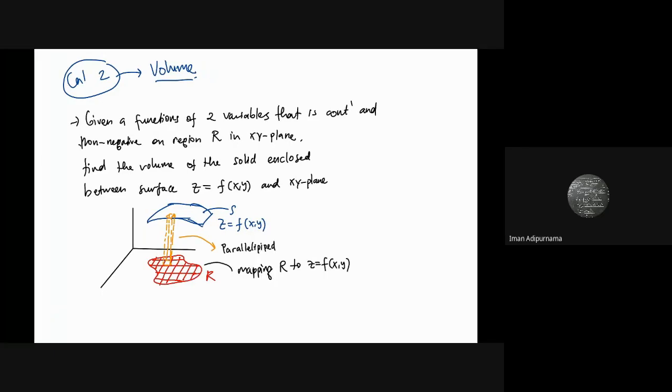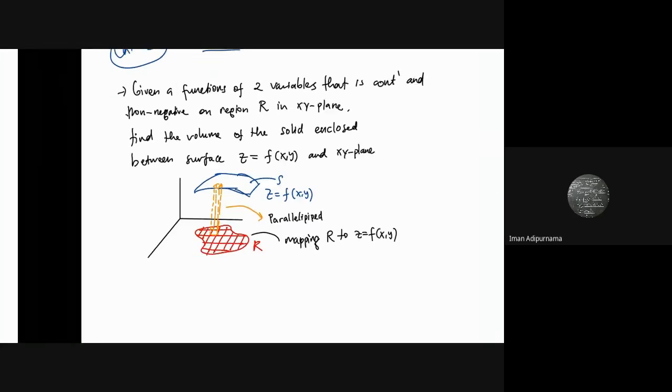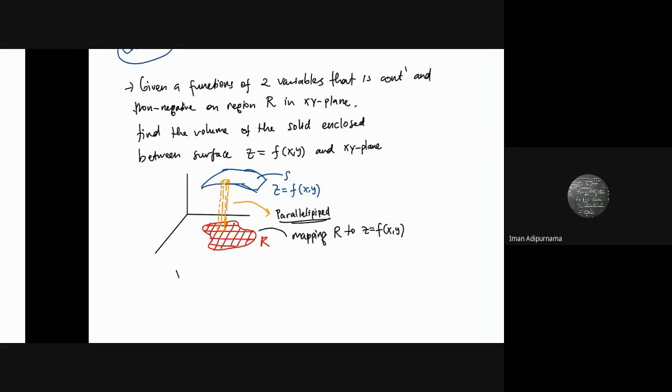Okay. And now we got the parallelepiped, right? And the volume of this will be the area of the rectangle on R multiplied by the height. Let me just write that.